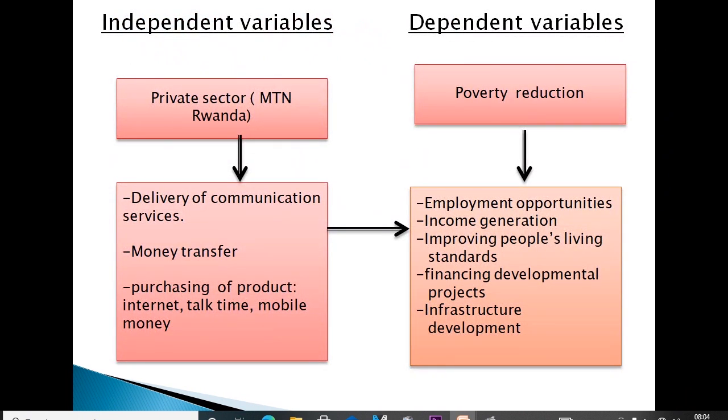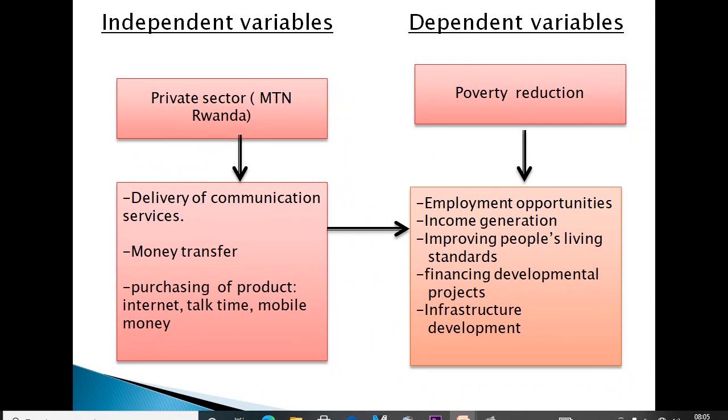So, taking our topic that we've previously chosen, the contribution of private sector to poverty reduction in developing countries, case study MTN Rwanda, we can present the conceptual framework as follows. The independent variables on one side and the dependent variables on the other side.